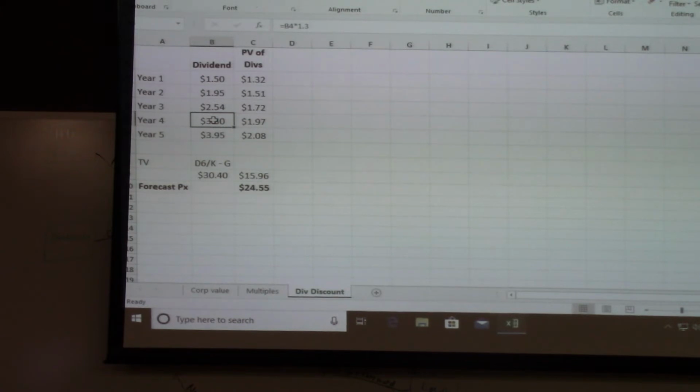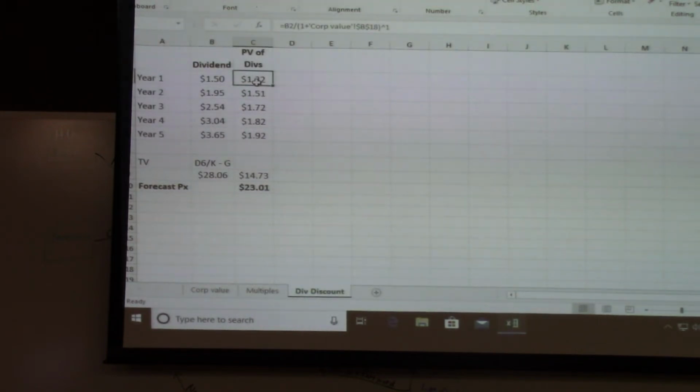So let's change that real quickly. Easily done. Change 3 to a 2. And okay, so this one's done, this one's done. That's 3. So 3, 3, 2, 2. Okay. So here are our dividends, and here is the present value of the dividends.